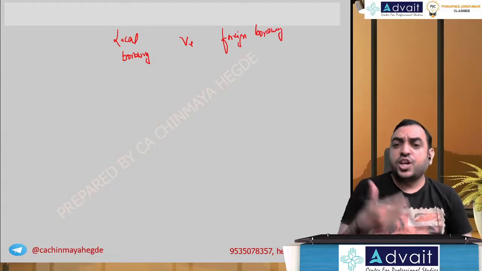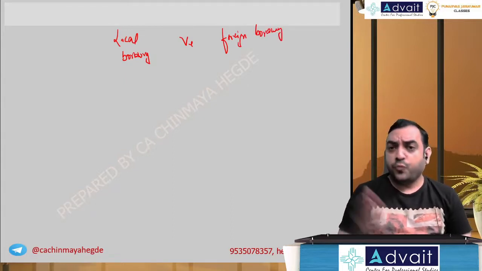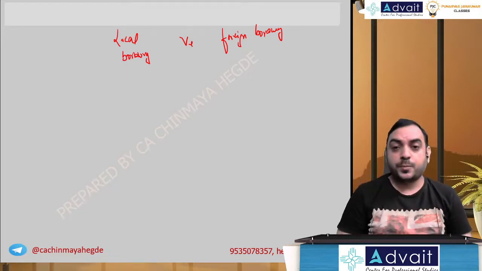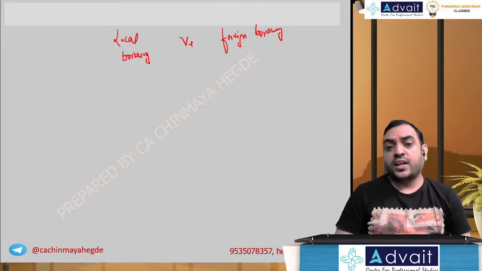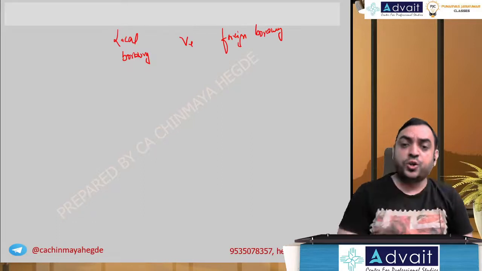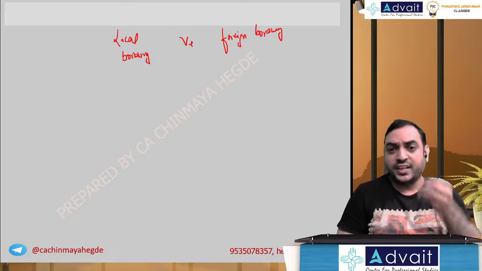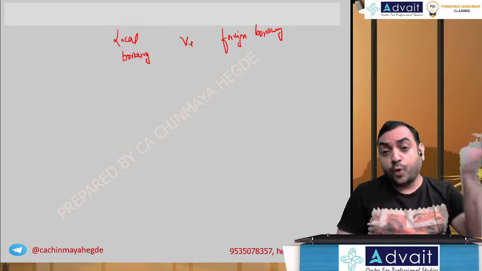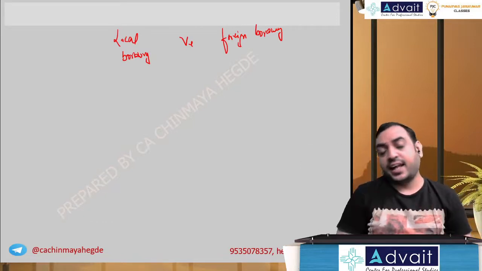They'll tell you like this: you have a project coming up which requires $1 million. Two options you have. One option, borrow $1 million from a foreign bank, or borrow the equivalent amount from a local bank, then convert it to dollars, make use of it, or vice versa. You need 10 lakh rupees for your business, you borrow 10 lakh directly, or you borrow dollars, then convert it to 10 lakh rupees. Local borrowing versus foreign borrowing.